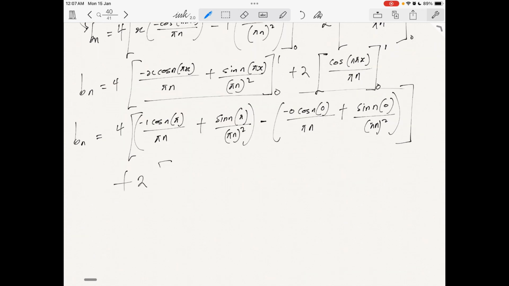That's plus 2 times cos n pi over pi n minus cos n of 0 over pi n.